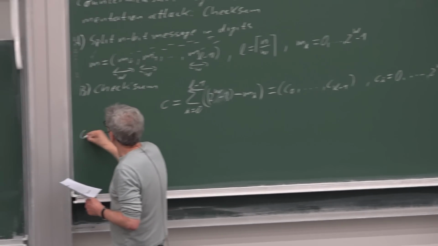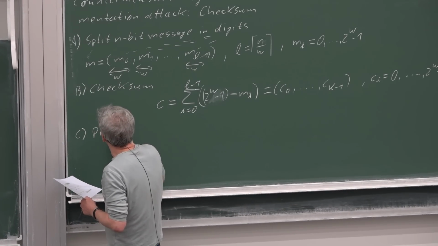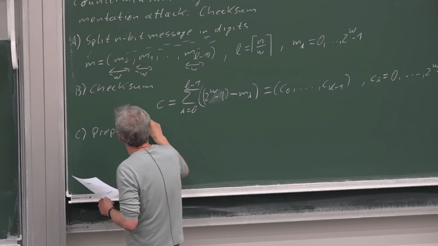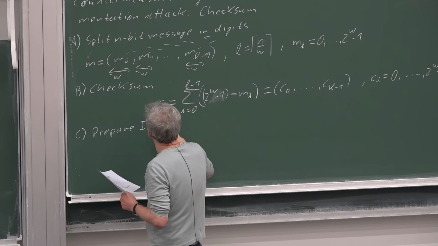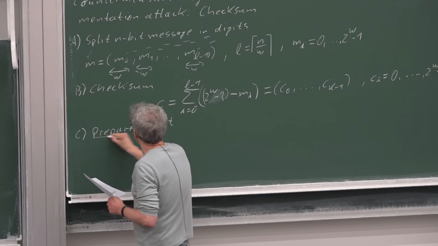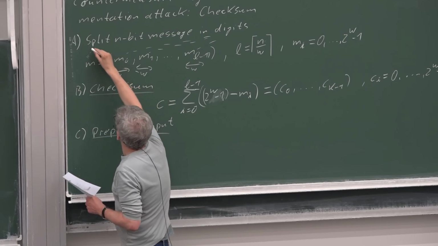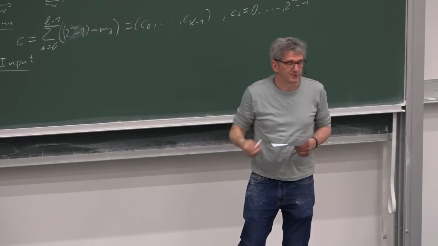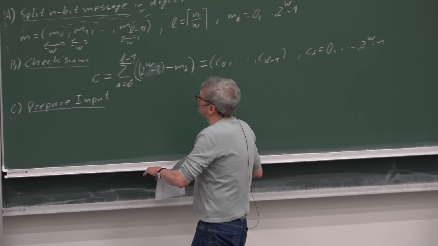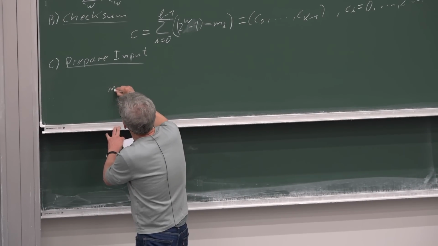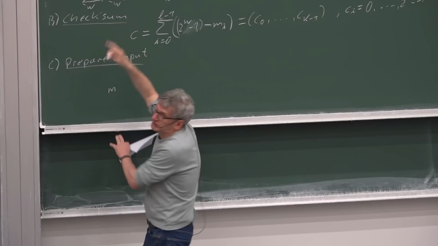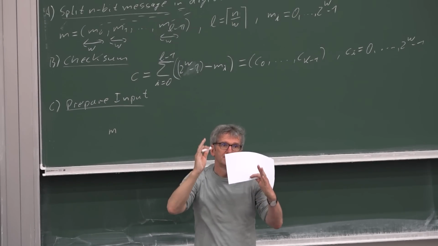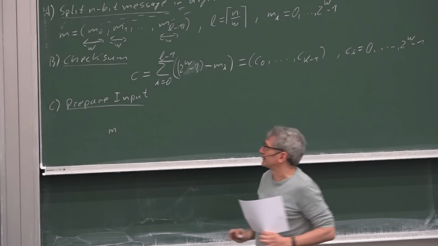And then last step, we prepare the input. Prepare input for signing. That's what we're going to do, okay? So you take your original M, which is just your PDF file split in 8-bit chunks.